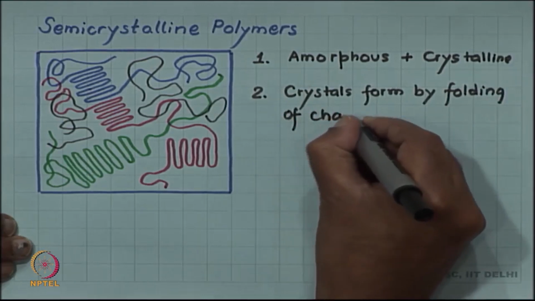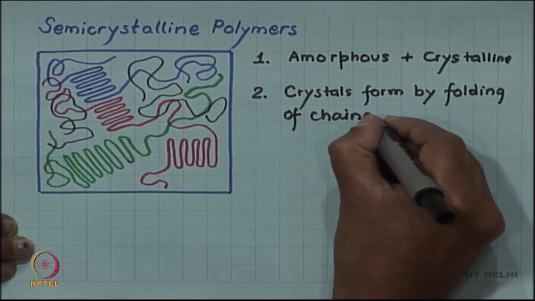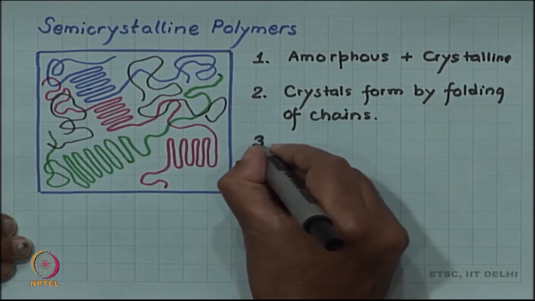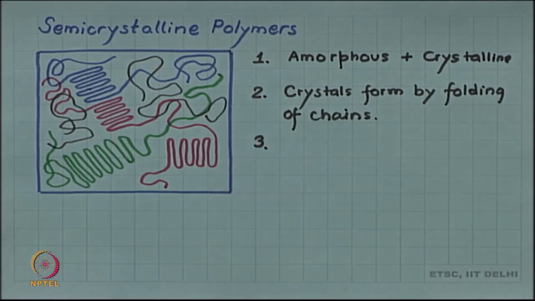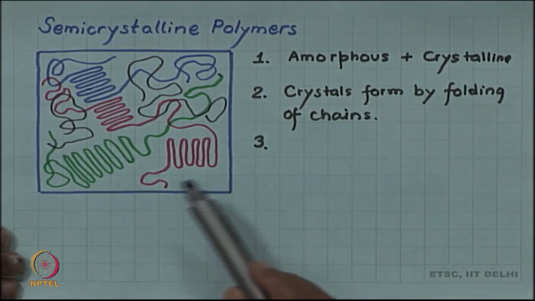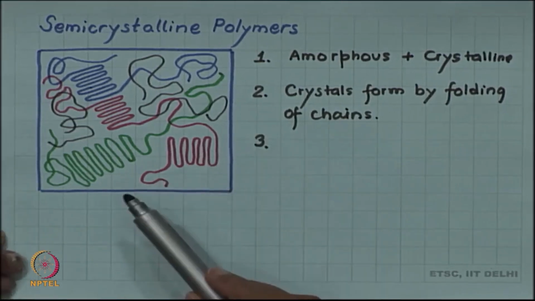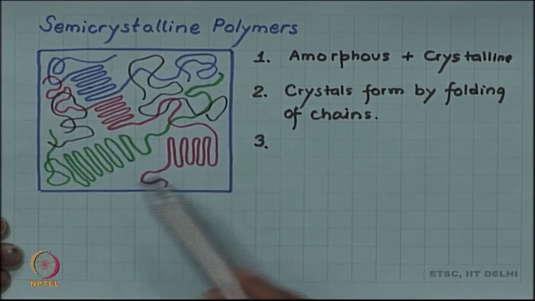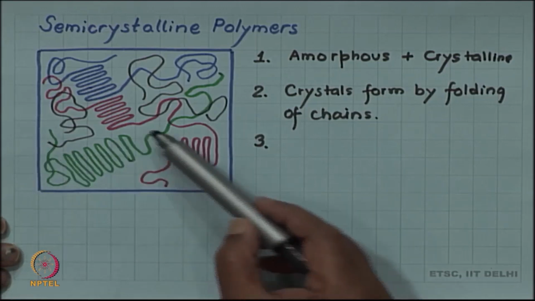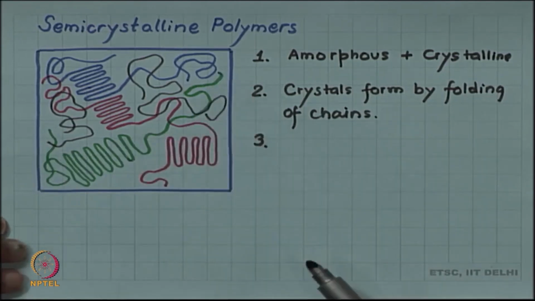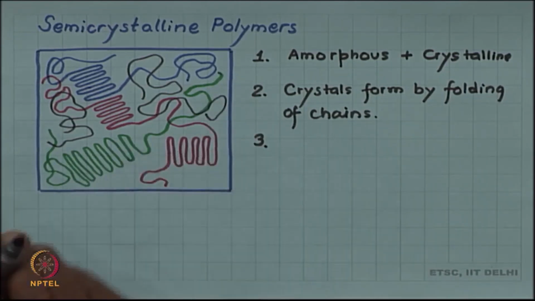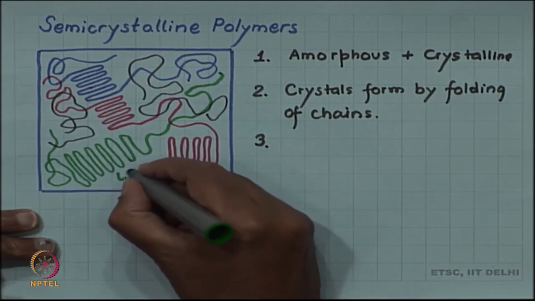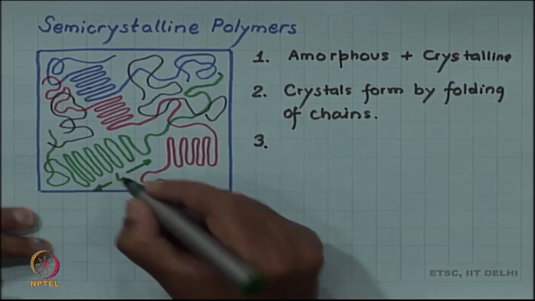By folding of chains, which really means, and this is a very important point, that the length of a given chain is much longer than the length of the crystal. So, for example, the green chain, if you see, is much longer than the length of the green crystal, which is much smaller.